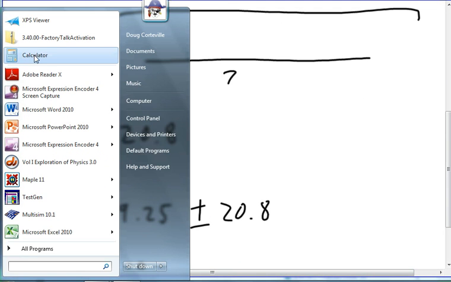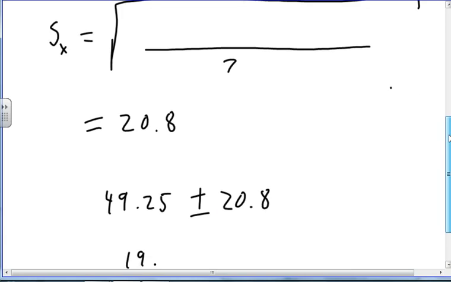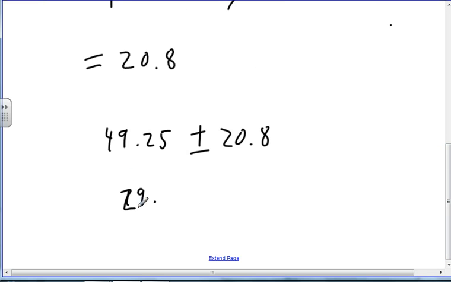Where's my calculator? 49.25 minus 20.8 equals 28 point something. Okay, that's better. And when I come out to the outside, it's going to be 70.